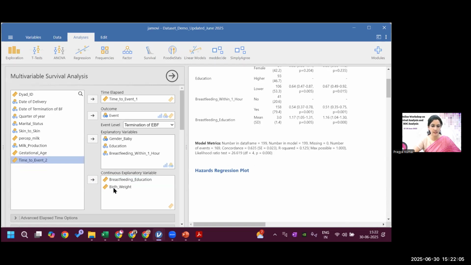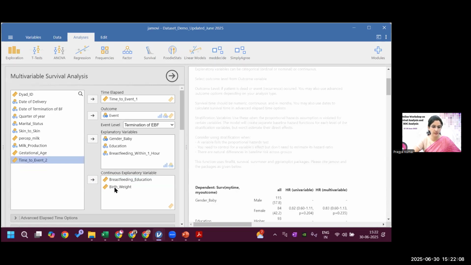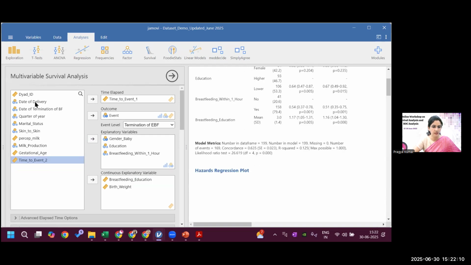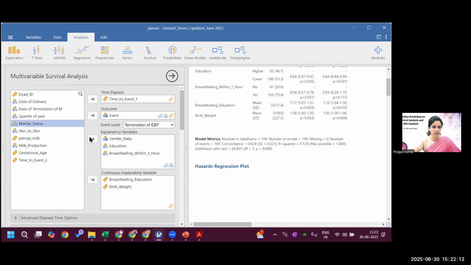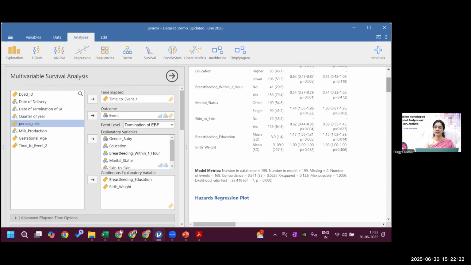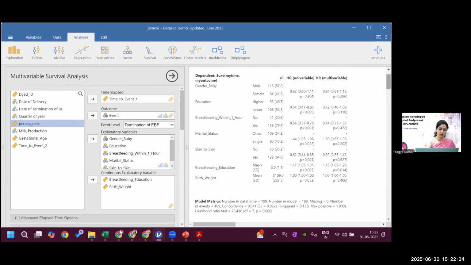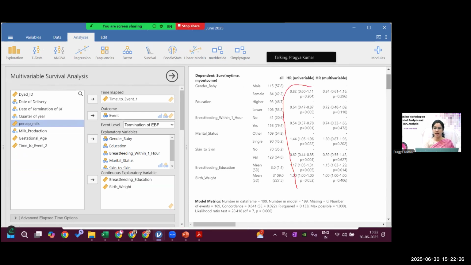Other variables like marital status, skin to skin contact, perception of milk I am not taking because I removed them on the basis of univariable. Univariable means I check the p-value, and if any variable has a value more than 0.25, I will not take that into the final model.